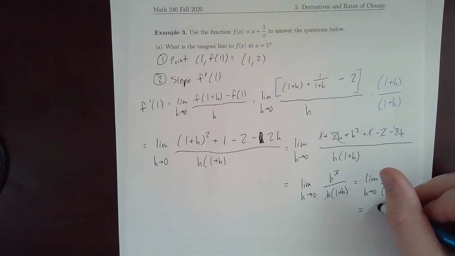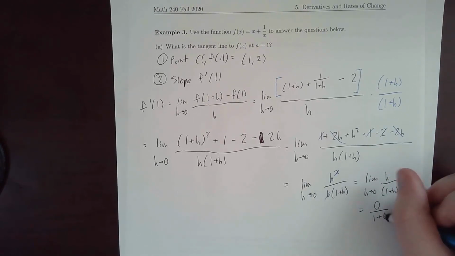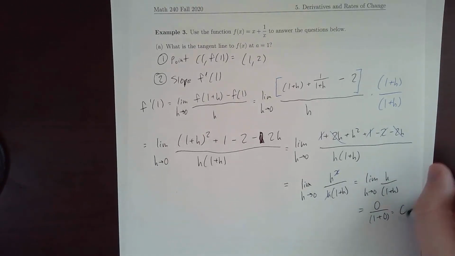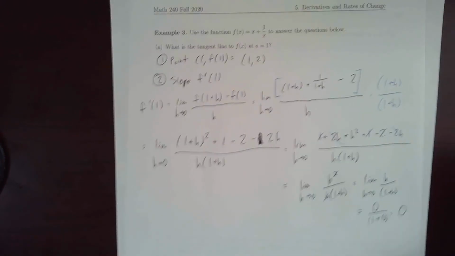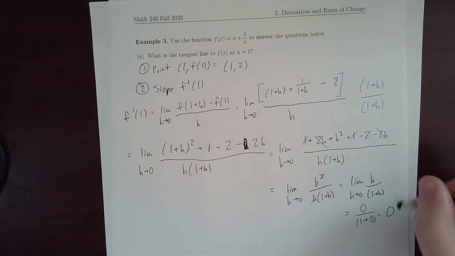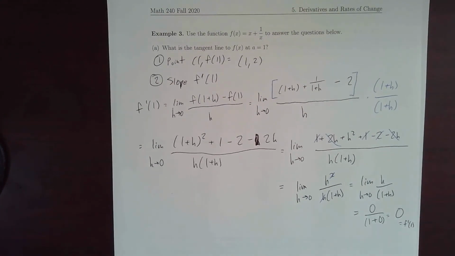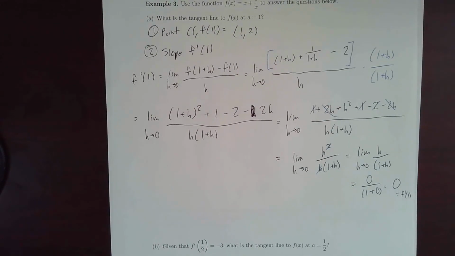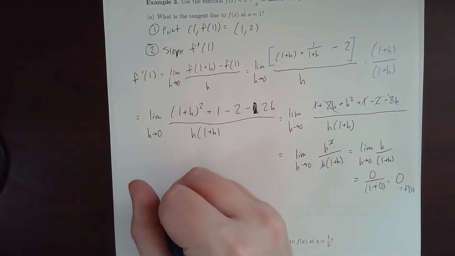And so this means we'll end up with 0 over 1 plus 0, which is just 0. Great, so this is our f prime of 1. This is our derivative when x equals 1.